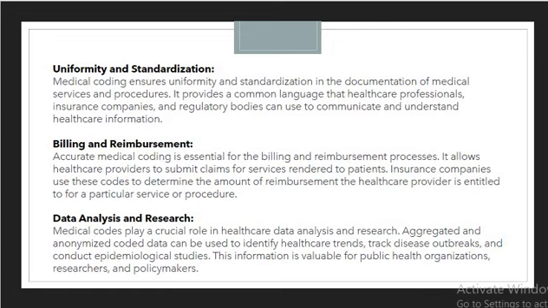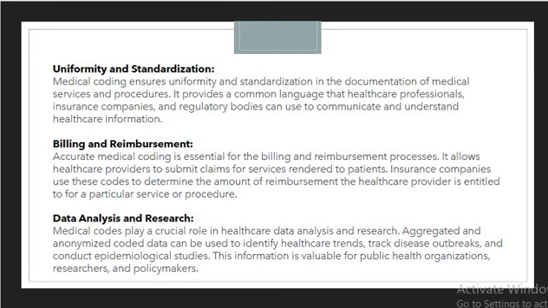Okay, so this is the one point. The second and very important point is billing and reimbursement. Whenever we are learning about medical coding, one more term that we always encounter is medical billing. Now, what is medical billing? Medical billing is something which we use in order to process the claim and reimbursement.